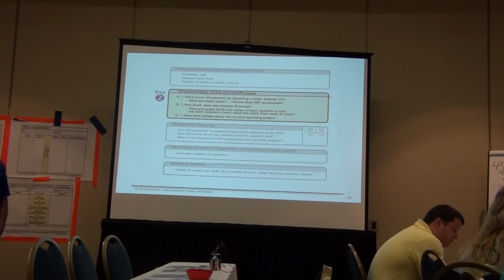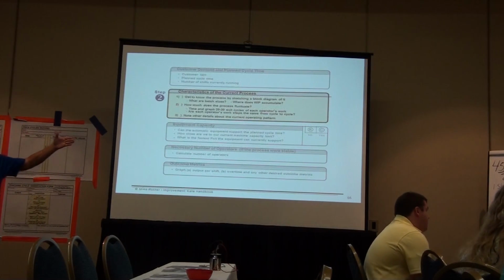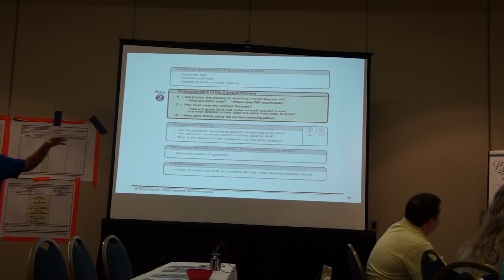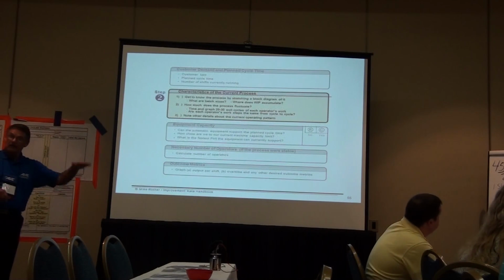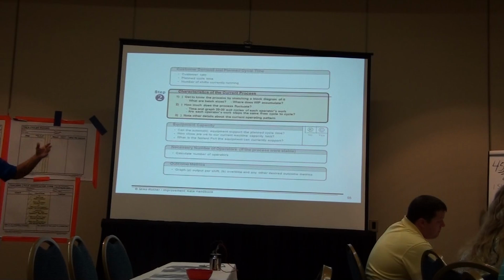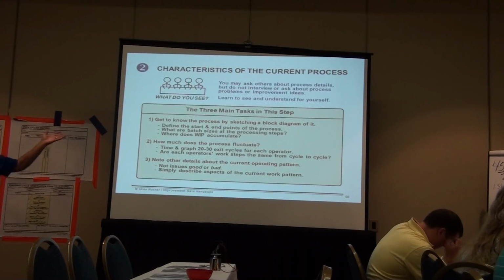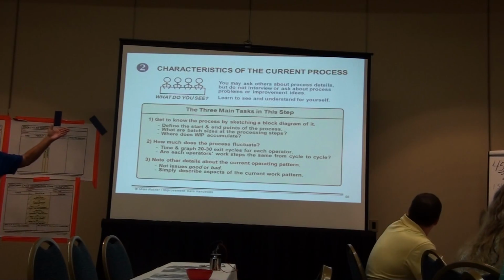Step 2 is to look at the process. What do we want to do here? We want to get to know the process. We sketch it, and we want to see how the process fluctuates, because we know it's not going to come off the line exactly where we want. To do this, we go down to the floor, to the process level, and begin to ask questions about process details.